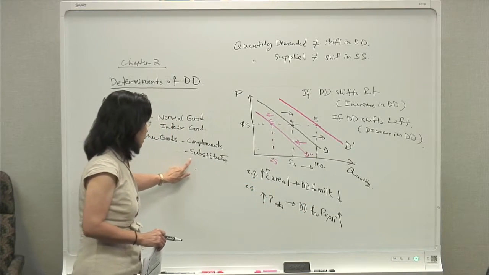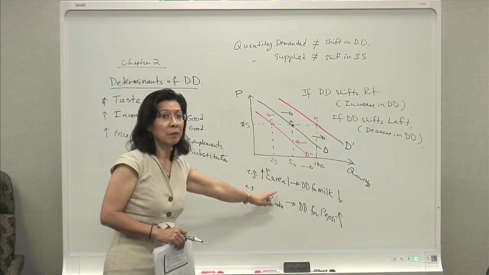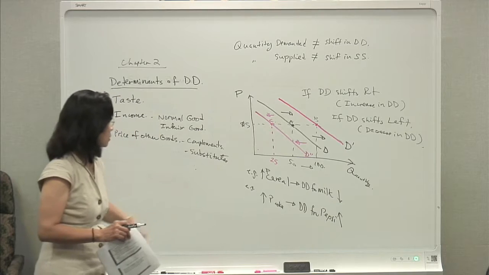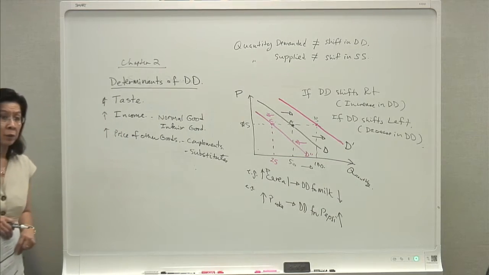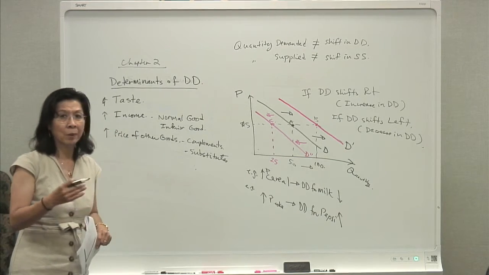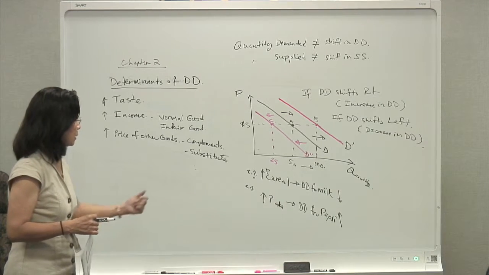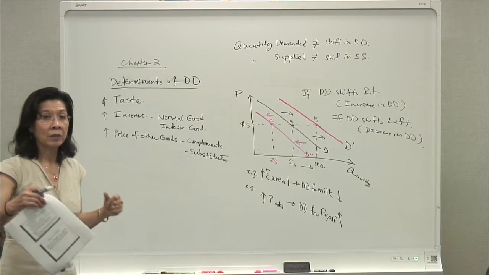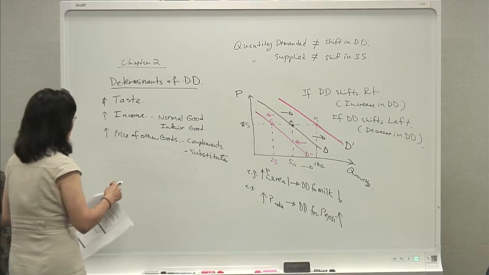I'm talking about price and demand moving in the opposite direction. But in the case of substitute goods like Coke and Pepsi, the price of one and the demand for the other will move in the same direction. So that's how you know.